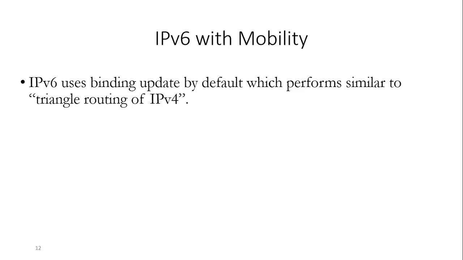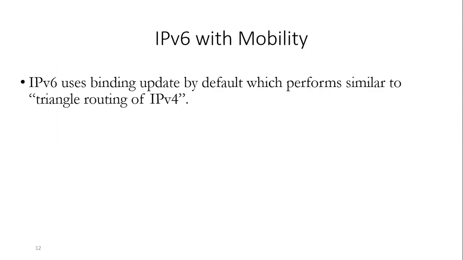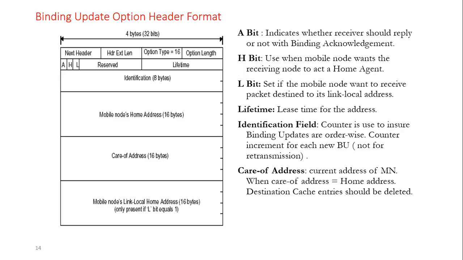Almost similarly, it is implemented, but it is called binding. I said that in the case of triangular routing, the home agent must inform the sending side, the corresponding node, the current address of the mobile node. So this is exactly what is done.